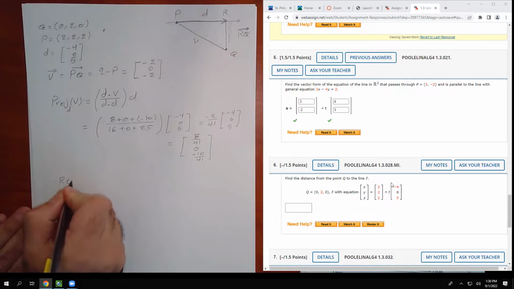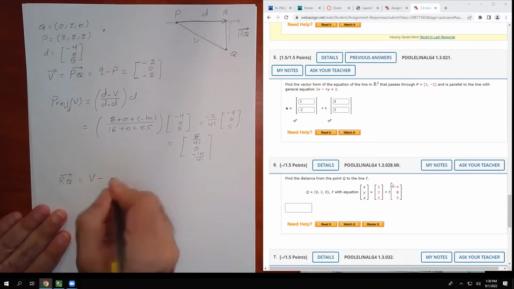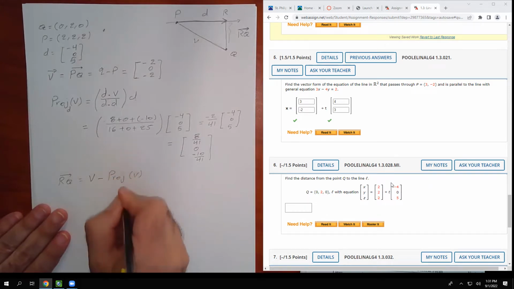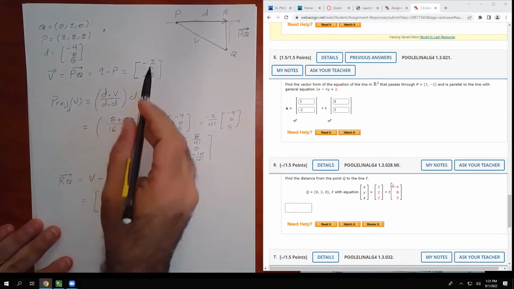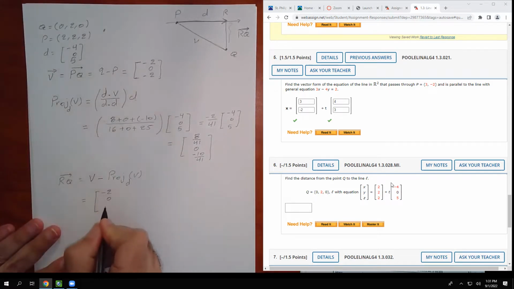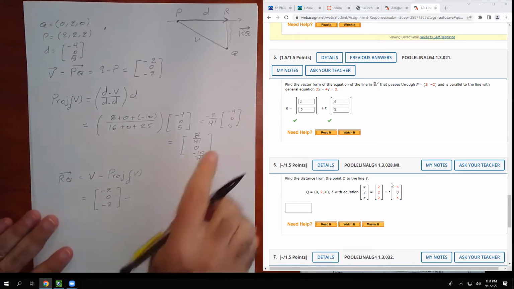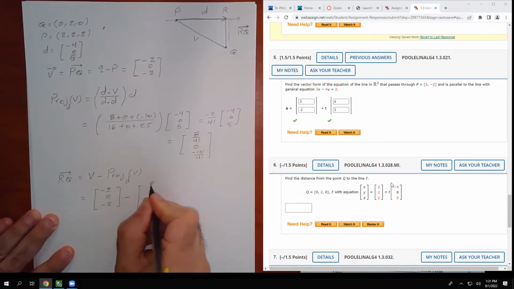So RQ is going to be the vector V minus the projection of the vector V onto D. The vector V is negative 2, 0, and negative 2, minus the new vector we have here, 8 over 41, 0, and negative 10 over 41.